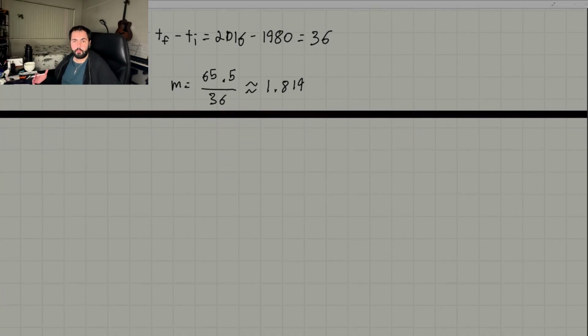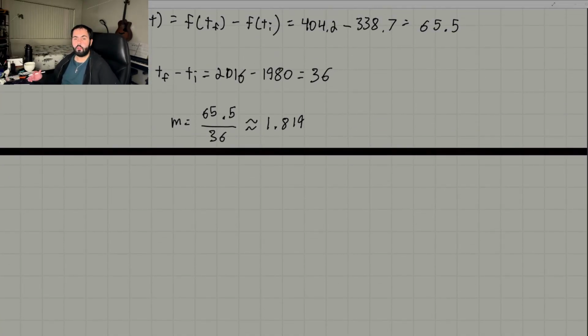So we have enough information to write the equation for our line, but we have to use a special form of that equation. And hopefully you guys are familiar with this form. This is the point slope form for the equation of a line. x1 and y1 here is the point which our line is going through, and m is our slope.